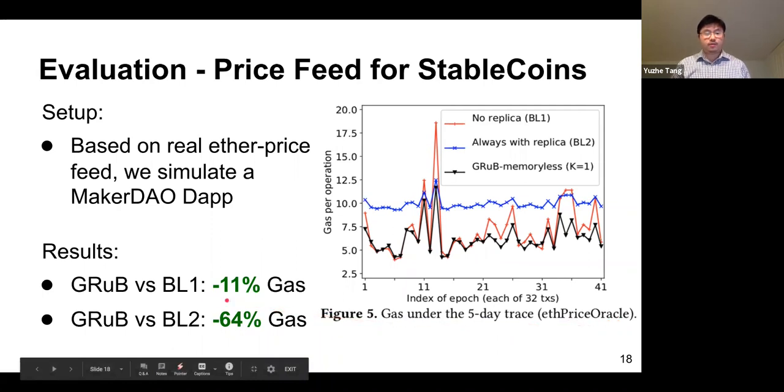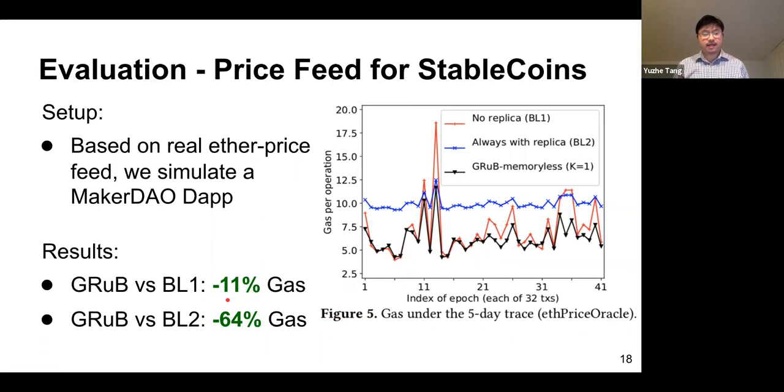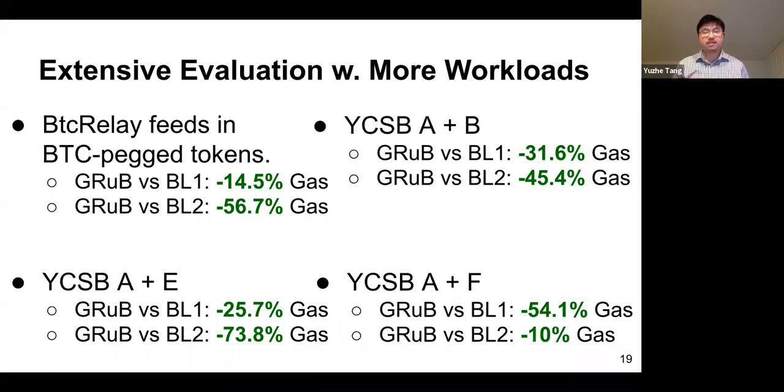The result shows that GRuB achieves 11% of the gas and 64% of the gas compared with baseline 1 and baseline 2. We did extensive cost evaluation on a real trace built from the Bitcoin-backed token and mixed YCSB workloads.